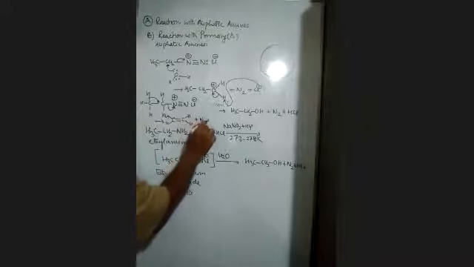See how it is going on. From here H plus goes, an elimination reaction, and this goes. So you get ethene plus nitrogen plus HCl.